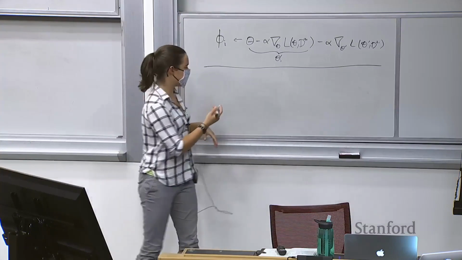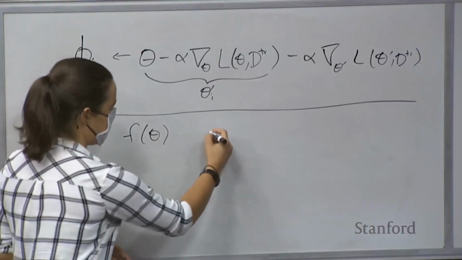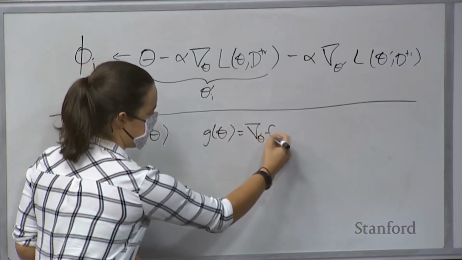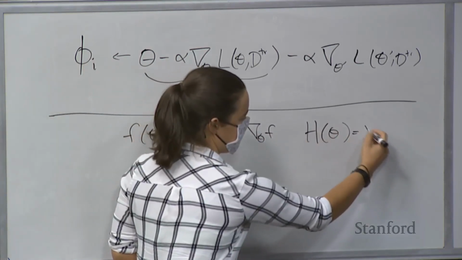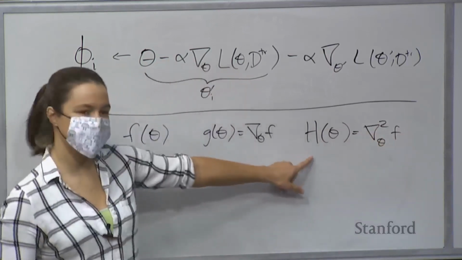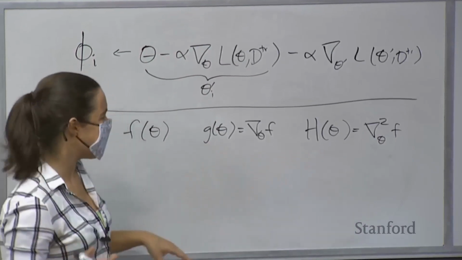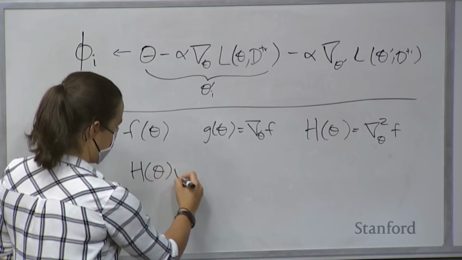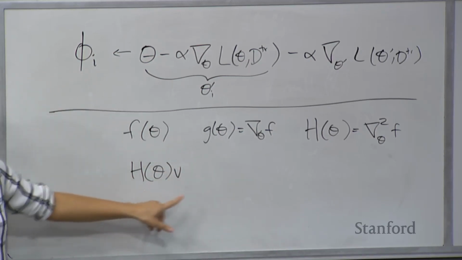So say you have some function f of theta, and let's use g of theta to denote the gradient of f, and h of theta to denote the Hessian. Computing the full Hessian is very nasty. But in many cases, we only need to compute what's called a Hessian vector product, which is basically the Hessian multiplied by a vector.